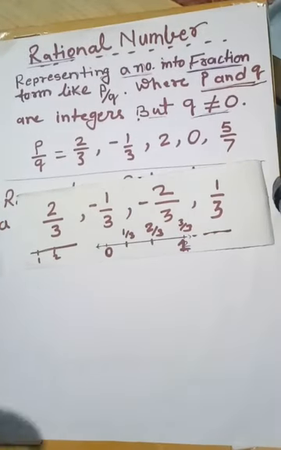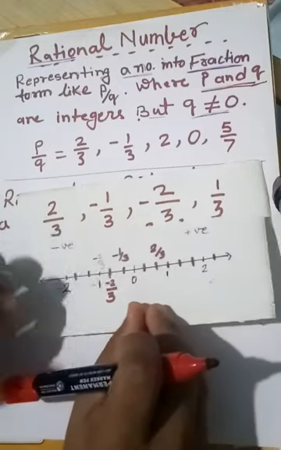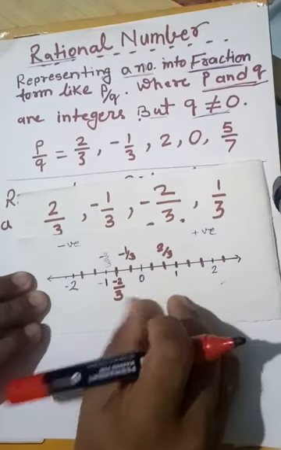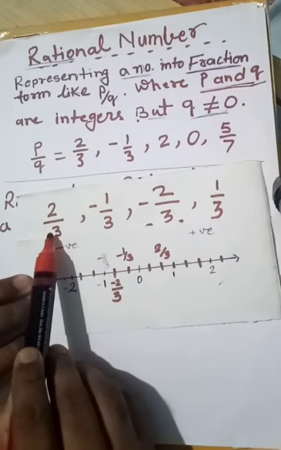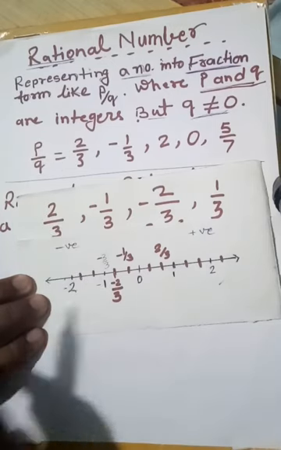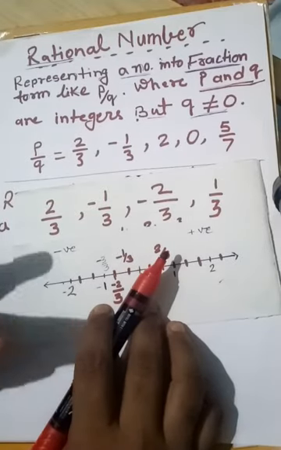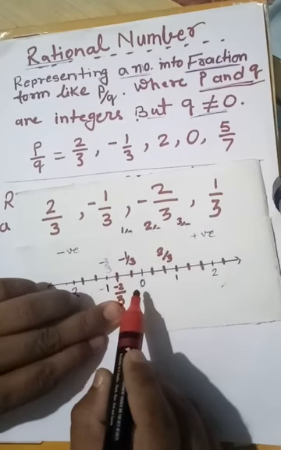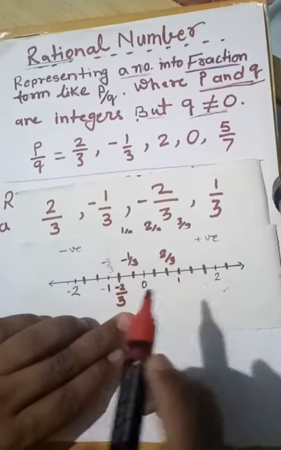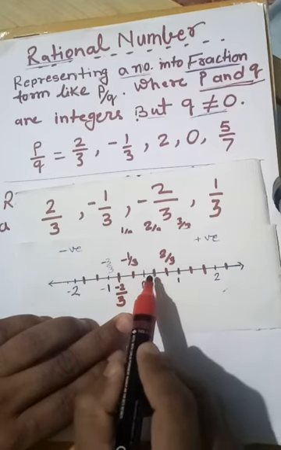If you understood this, let me take you to the same thing on the number line. Now see very carefully, I want to represent 2 upon 3 on the number line. 2 upon 3 is a fraction, so what I have done is divided our unit number into 3 parts. As you can see, from 0 to 1 I have divided it into 3 parts.